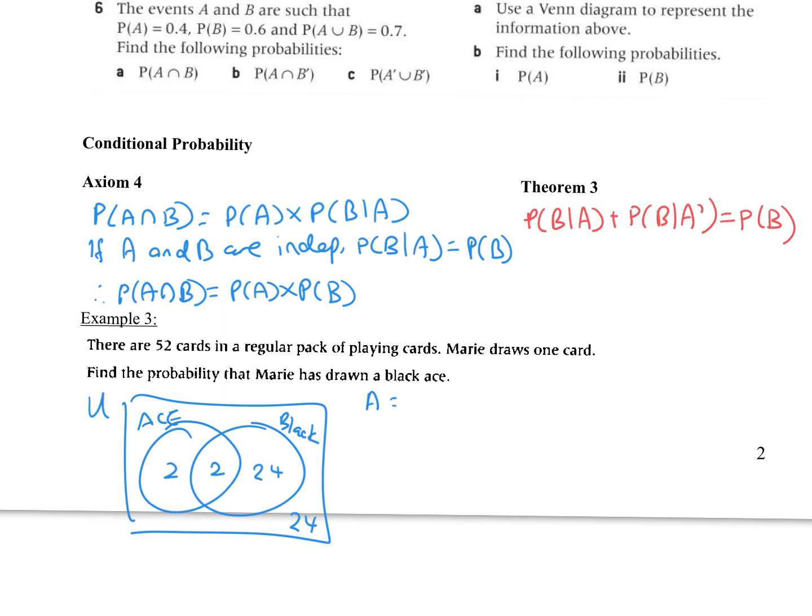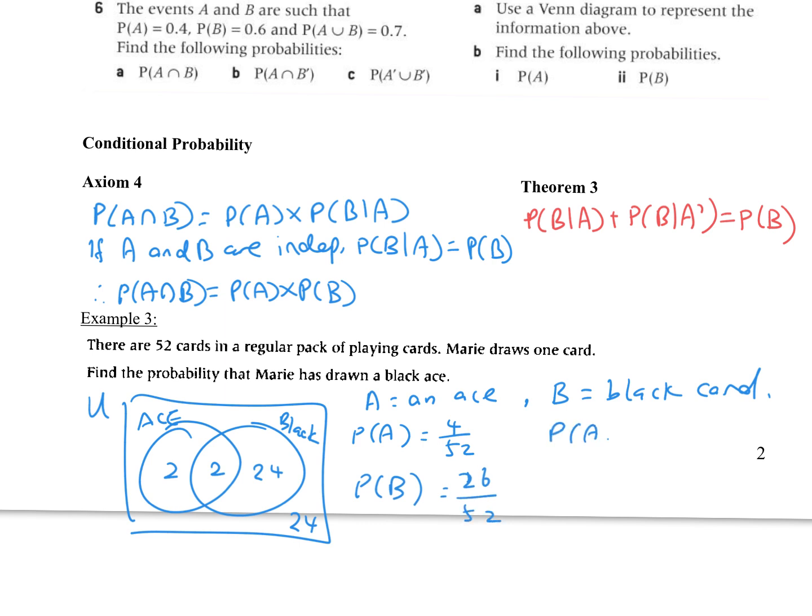I'm going to let A be the event that you get an ace, B be the event that you get a black card. So P(A) in this case will be 4 out of 52. Probability of B will be equal to 26 out of 52.